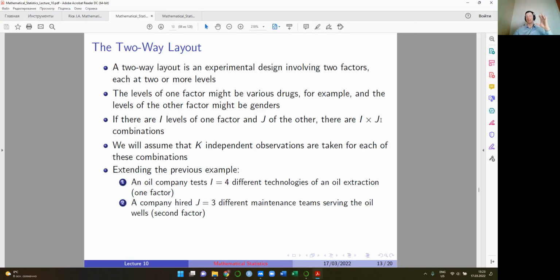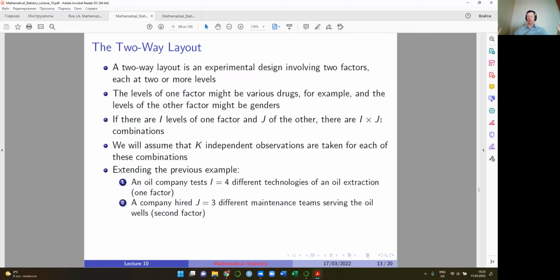So we have 10 days of record for one well and for one team. So overall we have 12 combinations, and for each of these combinations, we must record 10 days of an oil production.